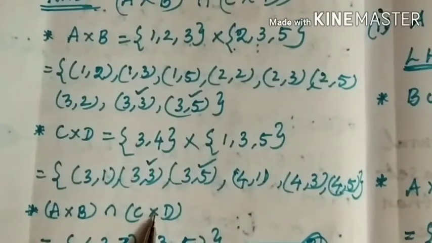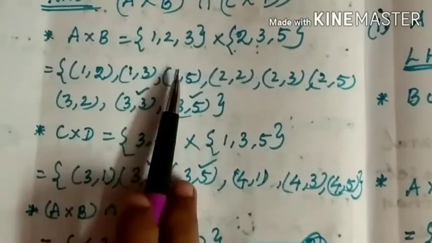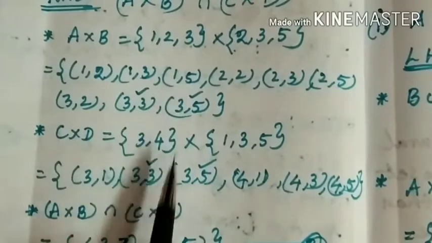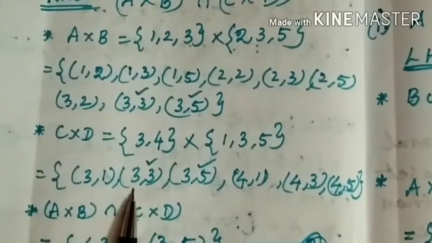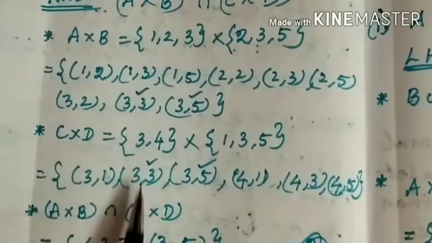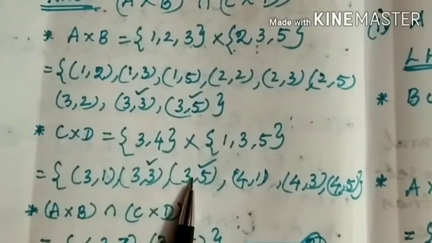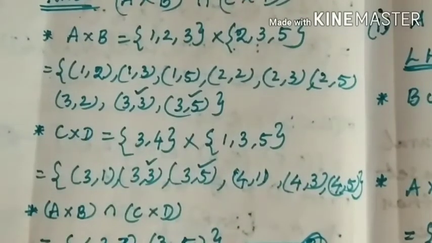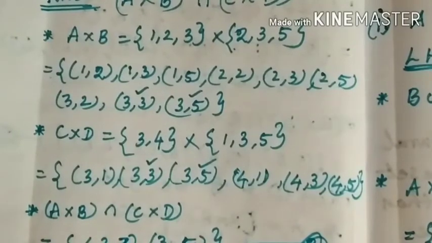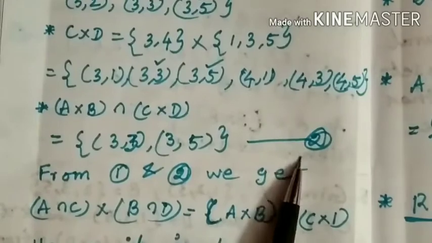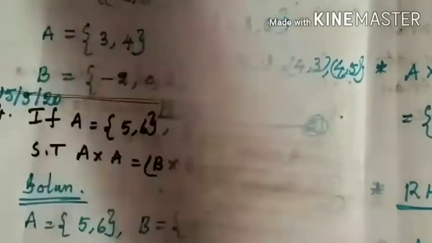That means write the common ordered pairs of these two sets. So here which are all common? (3,3) are common, then (3,5). These two ordered pairs alone are common. So you take down and write (3,3), (3,5). Take this as the second step. Then see the first step.